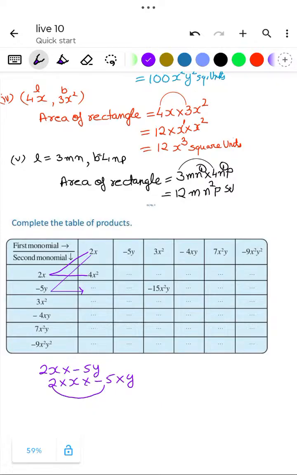On multiplying the digits, we will get negative 10 times x times y.